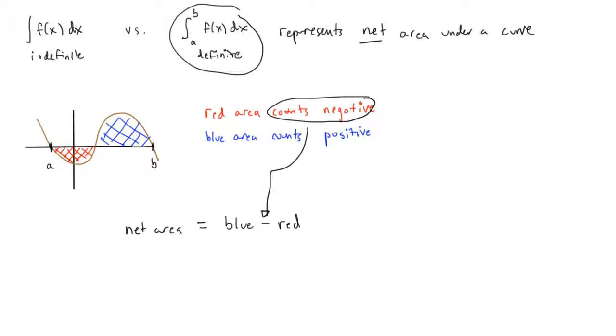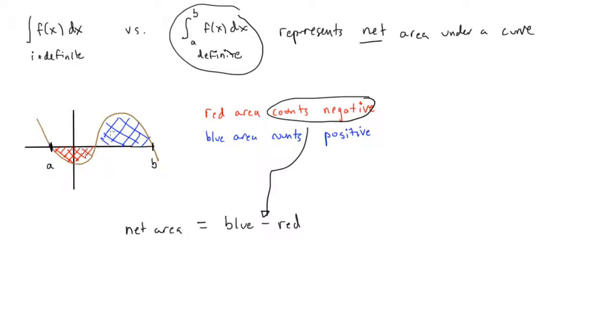Okay, so in this sketch, there's a little bit more blue area than there is red area, so we should expect that for this particular curve, the net area is some sort of positive number, but you could easily imagine a situation where the net area was negative or even 0.